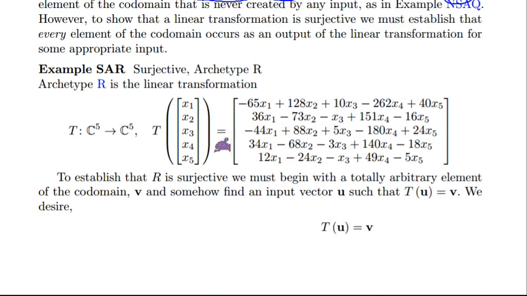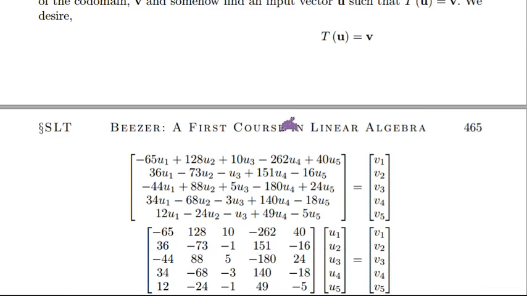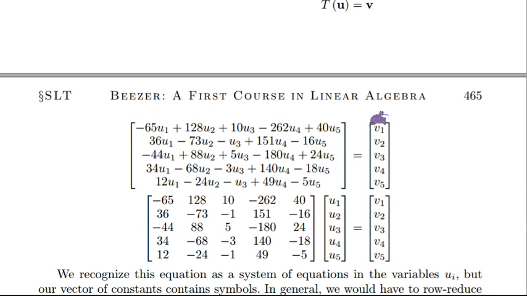All right, so let's see if we can show that something is surjective. To show something is surjective, we need to show that in fact every element in the codomain can be expressed in such fashion. So that means for no matter what v we have here, there should be some u that works.